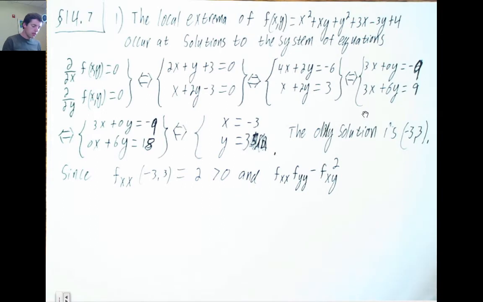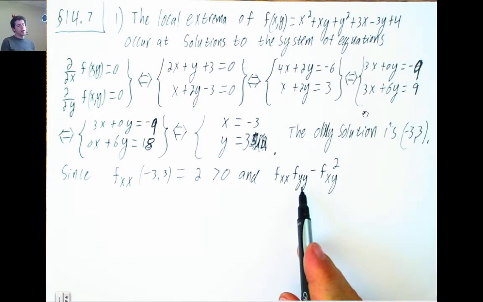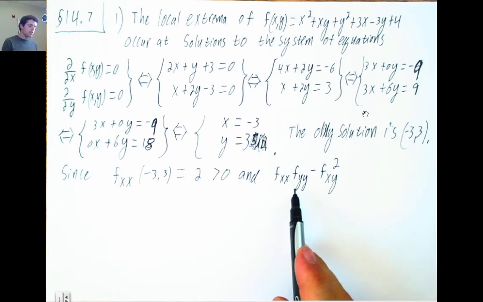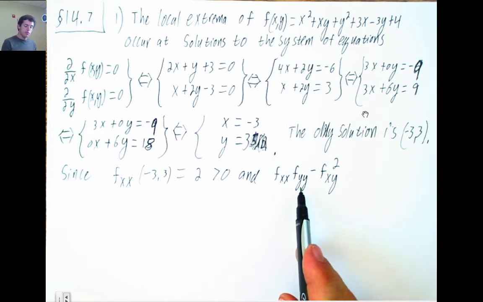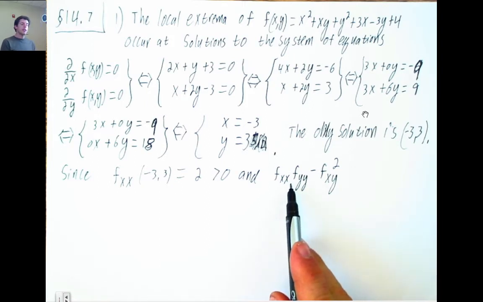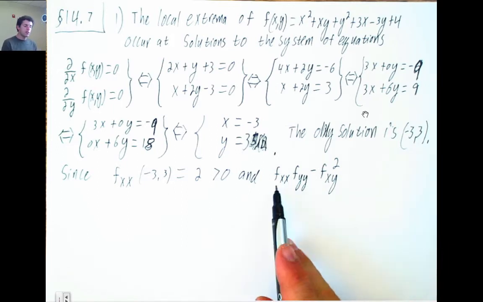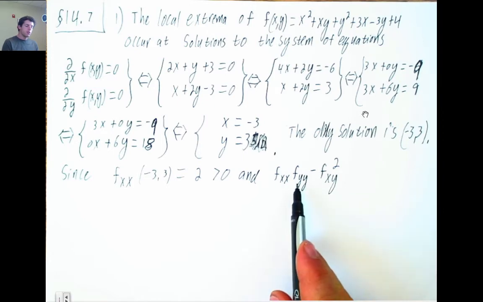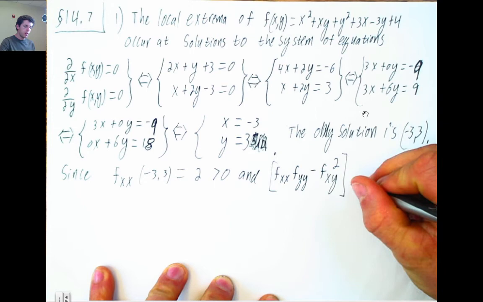This term measures if the concavity is the same. Concave up in the x direction means this will be positive, and concave up in the y direction means this will be positive, and then the product will be positive. So if the concavities are the same, then this term will be positive. And we need to evaluate that at the point negative 3, 3.